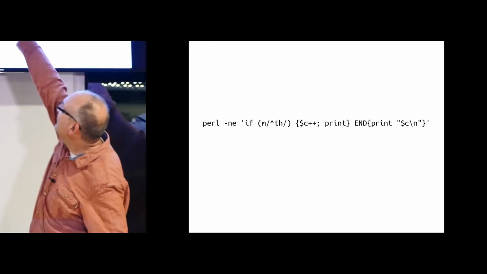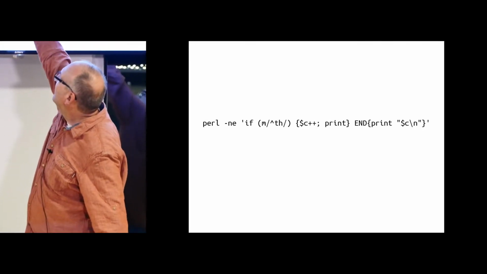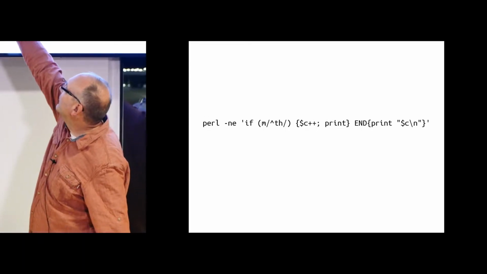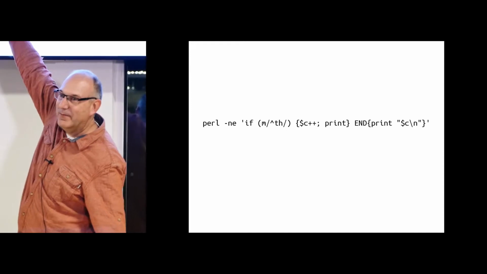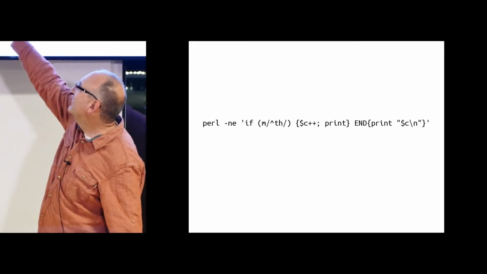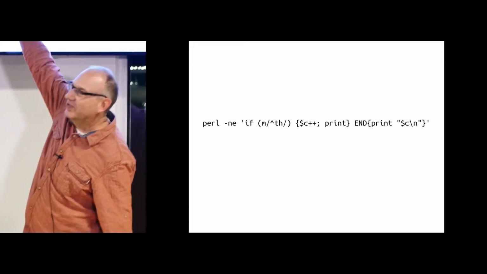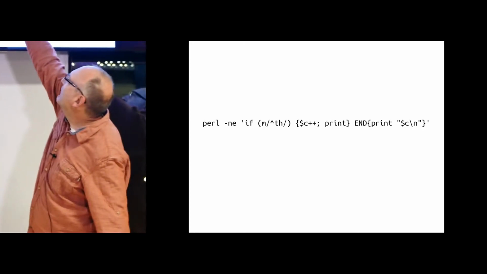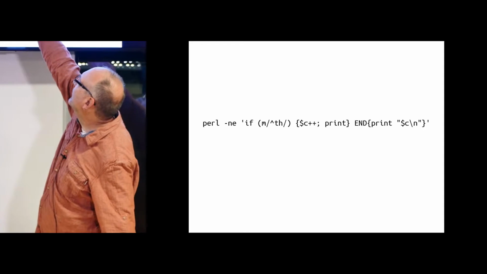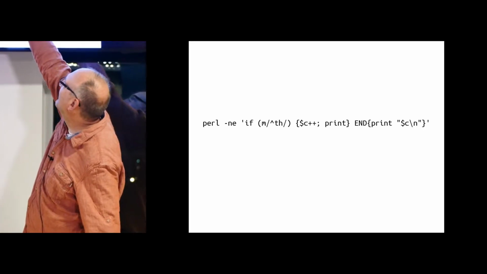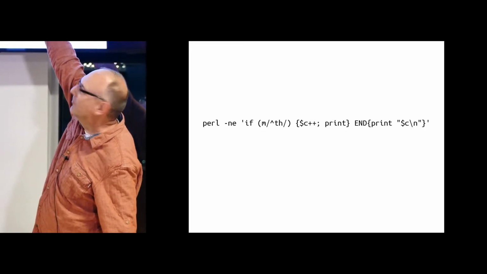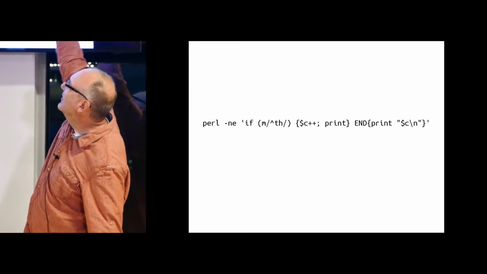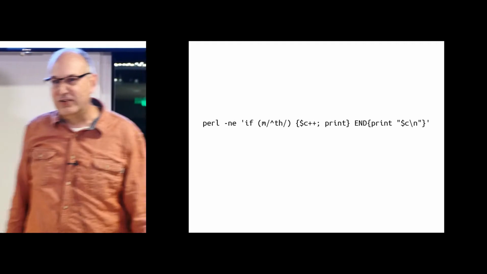And on each iteration, we're going to increment a counter, C, and we're only going to do so if the line matches TH at the beginning. So for each line of the file, if the line starts with TH, then go ahead and increment my counter. Well, this will print every word, but we can take that out if we want. But then at the very end, after the loop is completely terminated, we'll go ahead and print the value that is in C, so we know how many words matched TH.